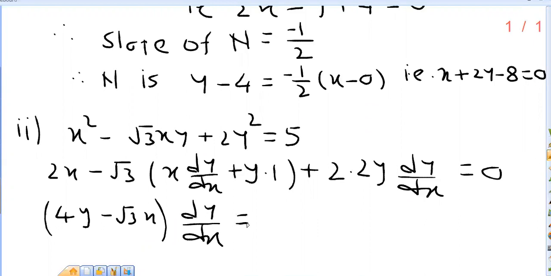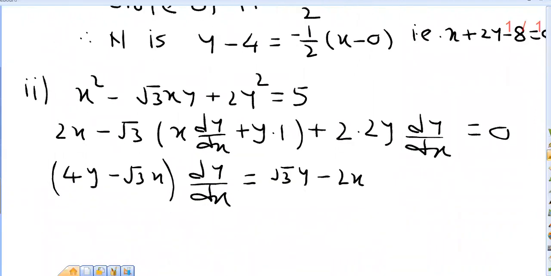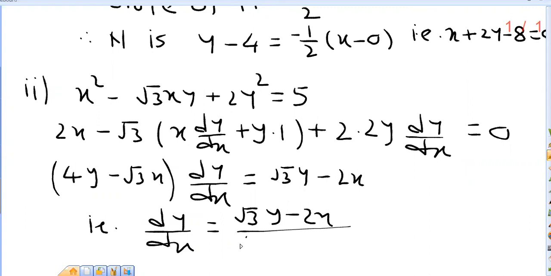This is equal to root 3 y minus 2x. Just open the brackets and rearrange the terms. Not at all difficult. So dy/dx is root 3 y minus 2x upon 4y minus root 3 x. I hope that this is correct. Now the tangent is drawn at which point? Root 3 comma 2.